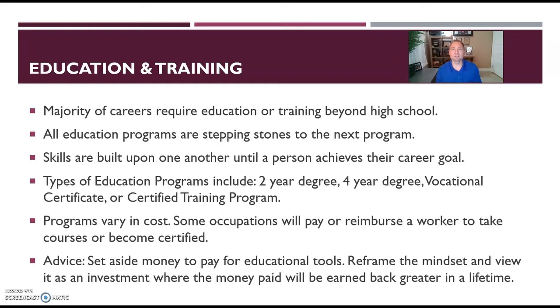They may not be at a traditional college or university, but there are other small institutions that offer learning programs. All of these programs will vary in cost, but you're lucky because some occupations will actually pay you or reimburse you or pay for you to take these trainings and get the education that is needed. Some you don't, and you actually have to foot that bill out of pocket.